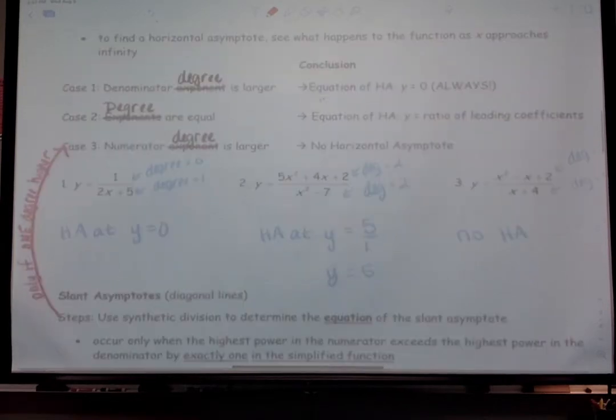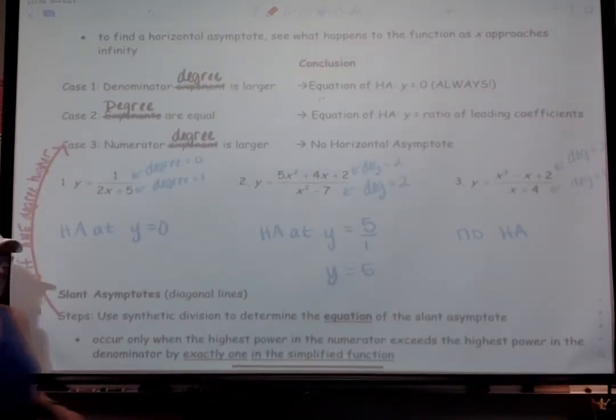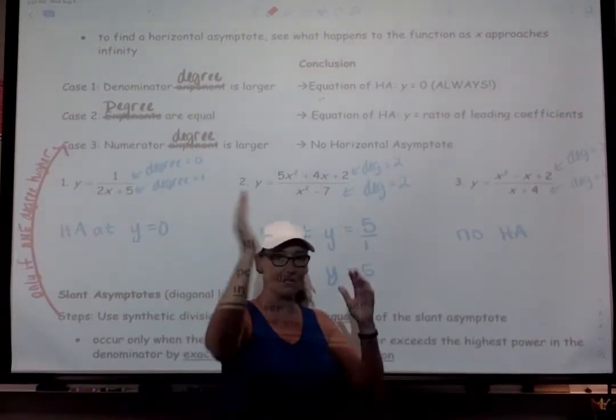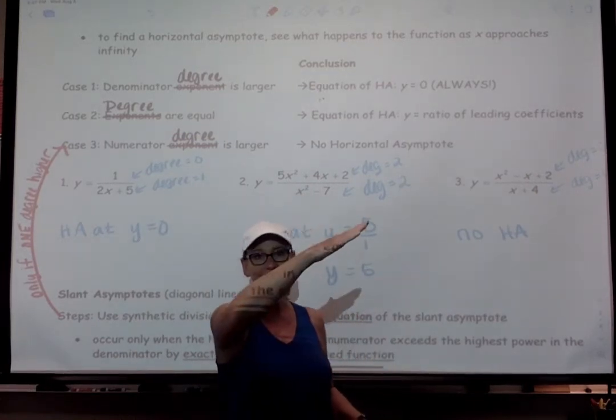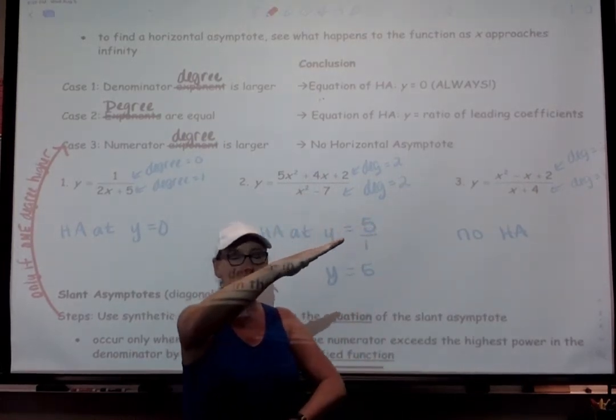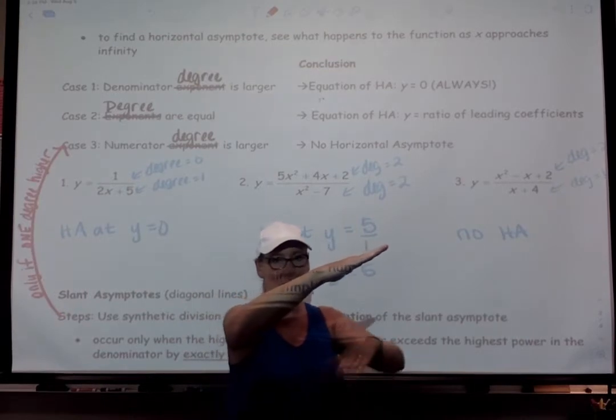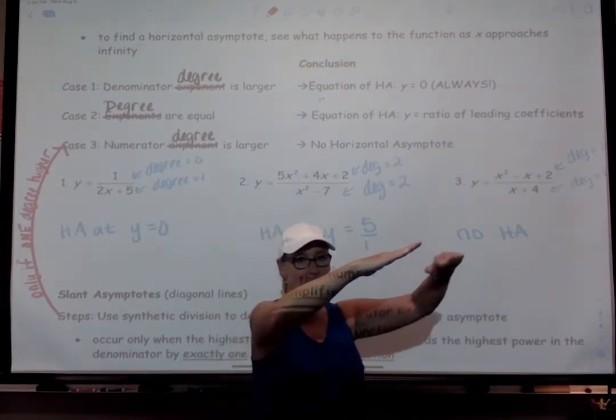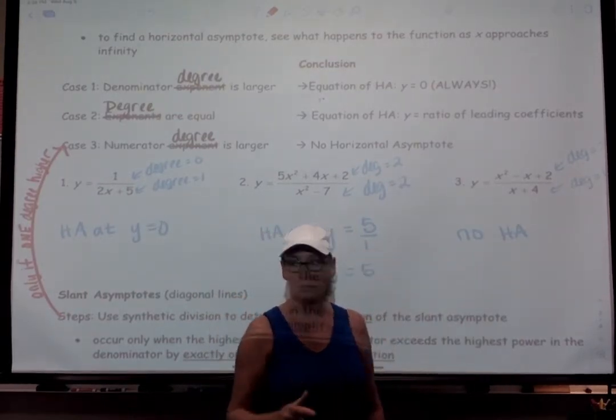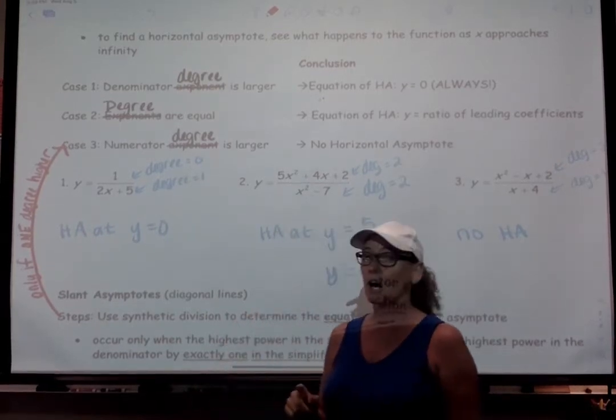Okay, so there can exist such a thing as a slant asymptote. So it's just a slanted line, okay? It's a slanted line, and it holds in your function. So your function might kind of do this up against your slant asymptote. They're not common.